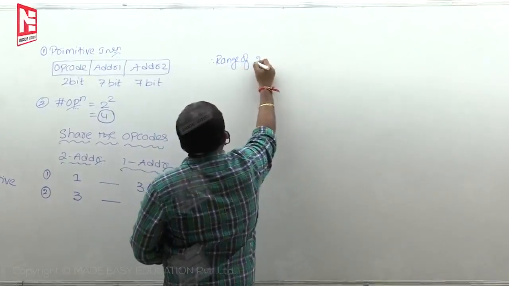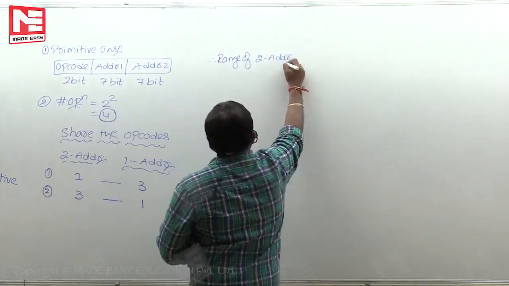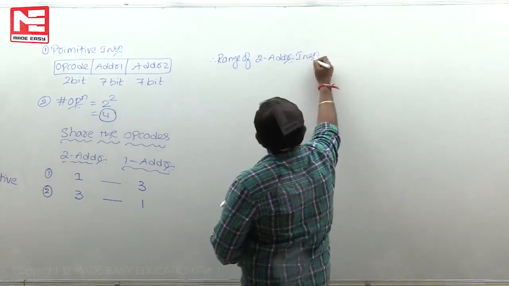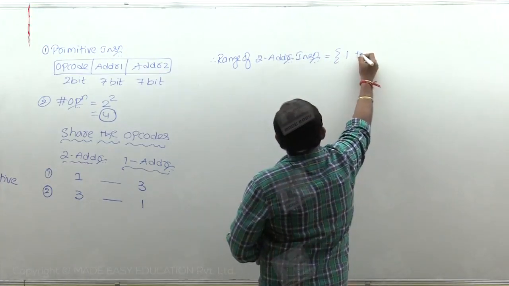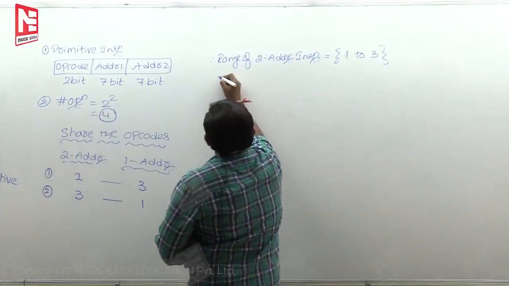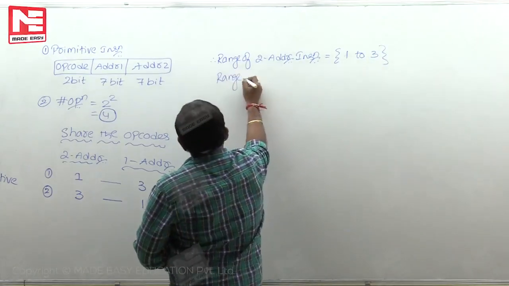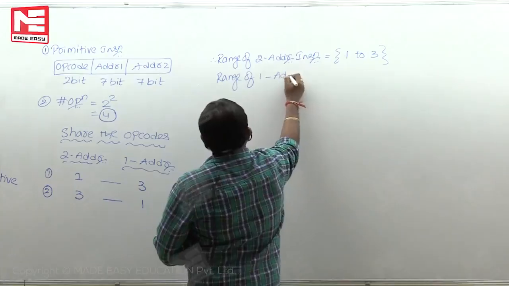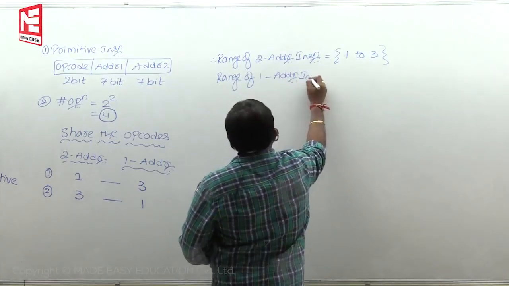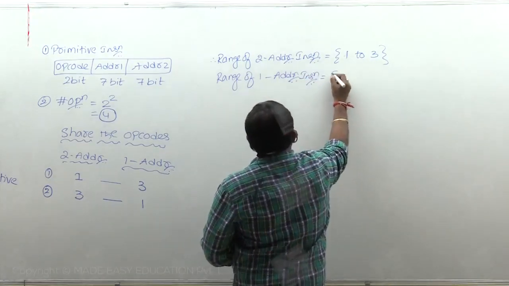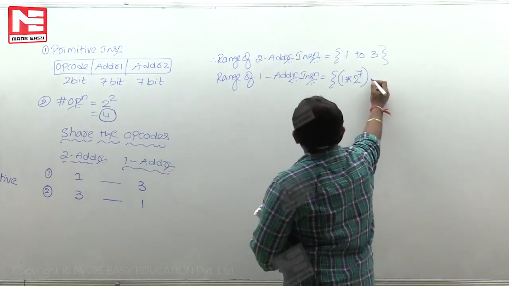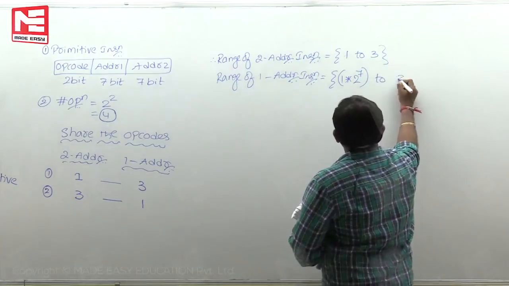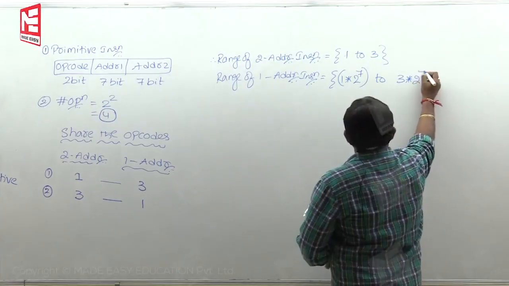Therefore, the range of 2 address instructions equals 1 to 3, and the range of 1 address instructions equals minimum free opcodes 1 times 2 to the power of 7 to maximum free opcodes 3 times 2 to the power of 7.